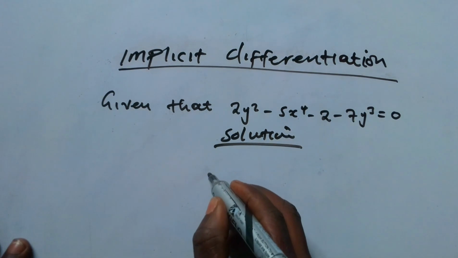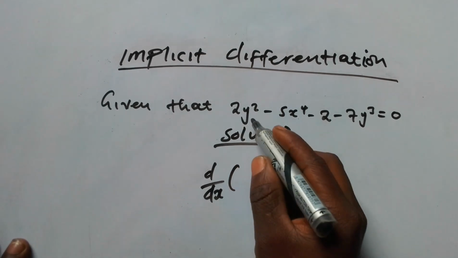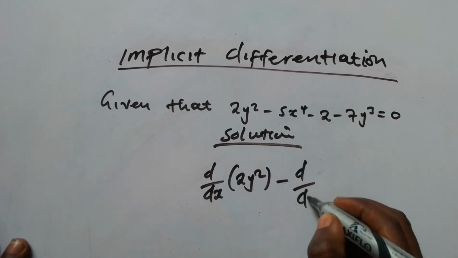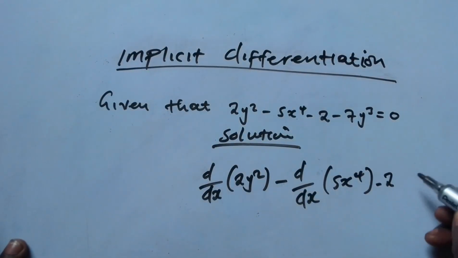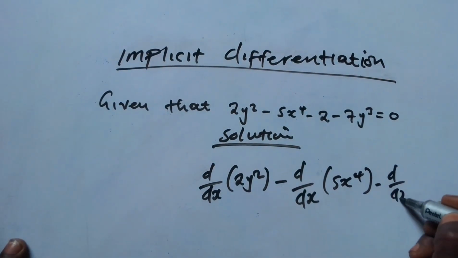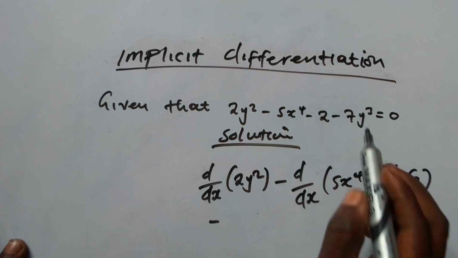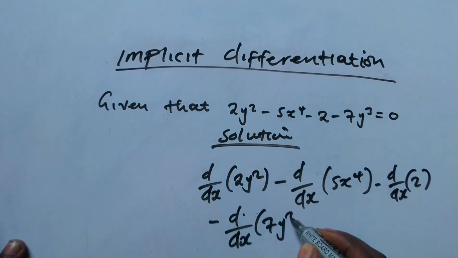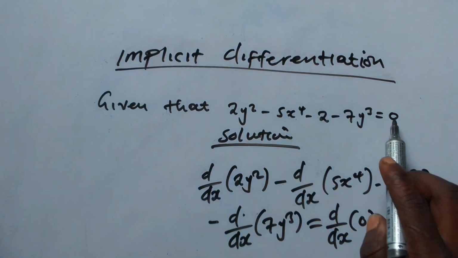So we are going to say d over dx of 2y squared, then minus d over dx of 5x to the power 4, then minus d over dx of 2, then minus d over dx of 7y cubed, which is equal to d over dx of 0.